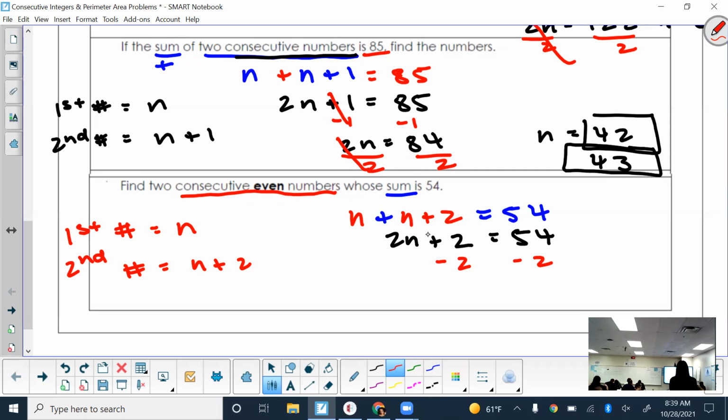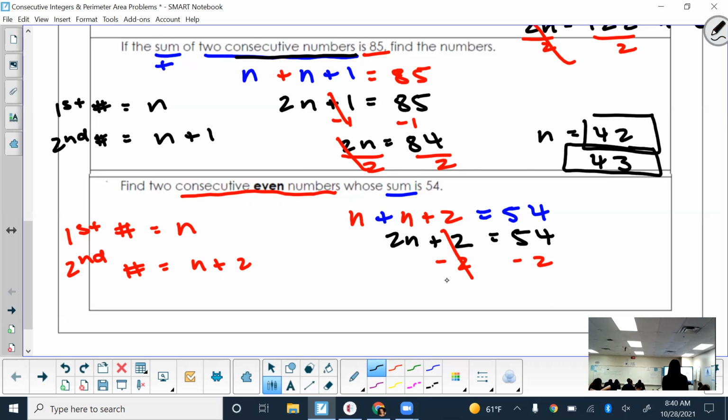Good. What property is this? There's 2 possible answers. Inverse of addition, so additive inverse property, and then subtraction property of equality. So you have to subtract on each side.